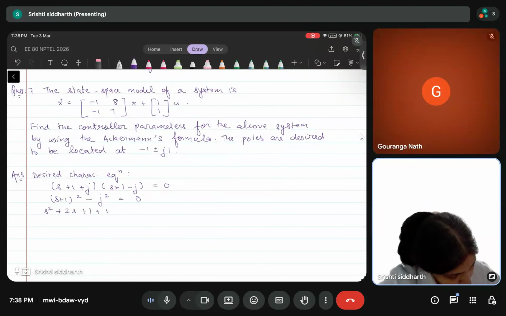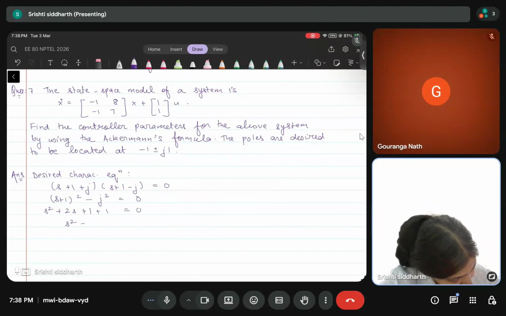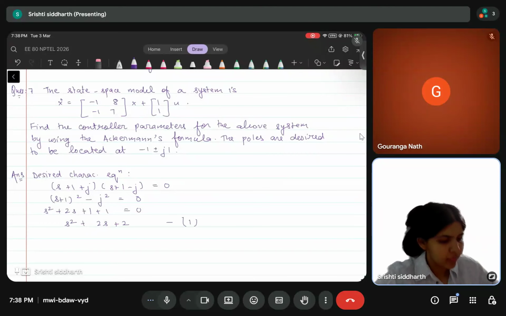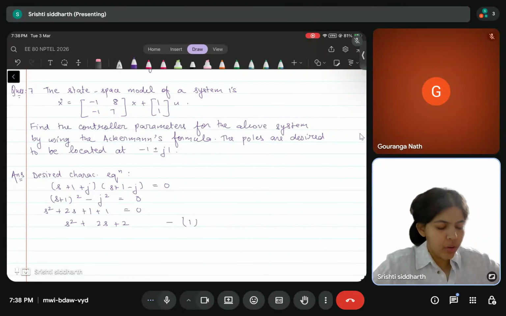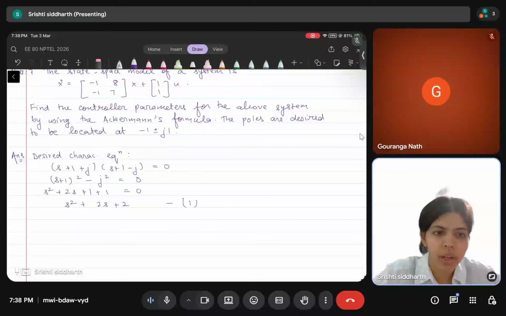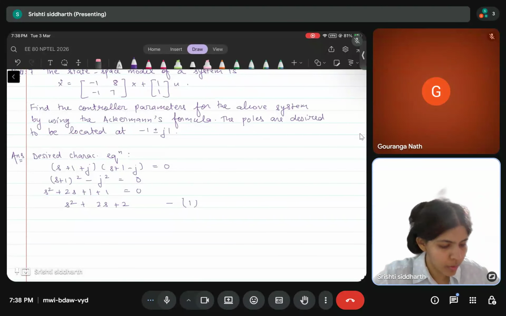This is plus 1 equals 0. And for pole placement, we need the system to be controllable, and the controllability matrix is also used in Ackermann's formula.